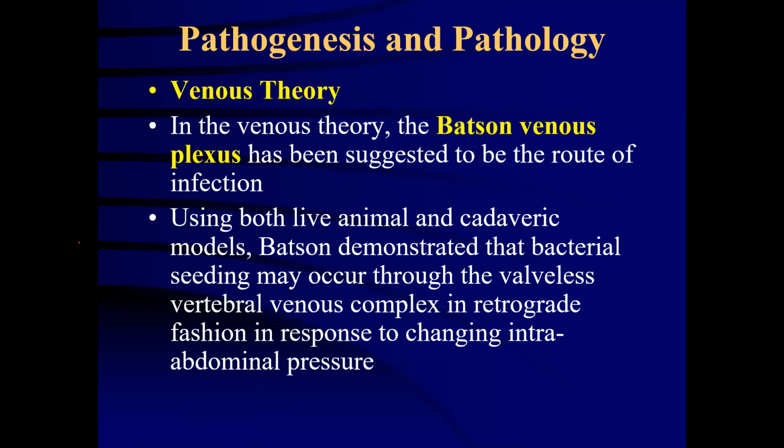In the venous theory, the Batson venous plexus has been suggested to be the route of infection. Using both live animal and cadaveric models, Batson demonstrated that bacterial seeding may occur through the valveless vertebral venous complex in a retrograde fashion in response to changing intra-abdominal pressure.